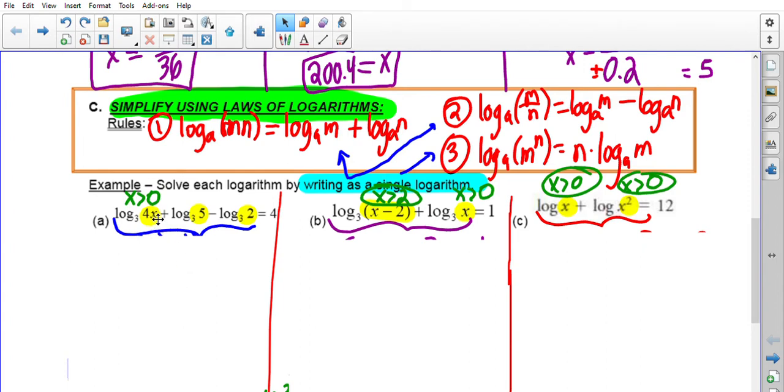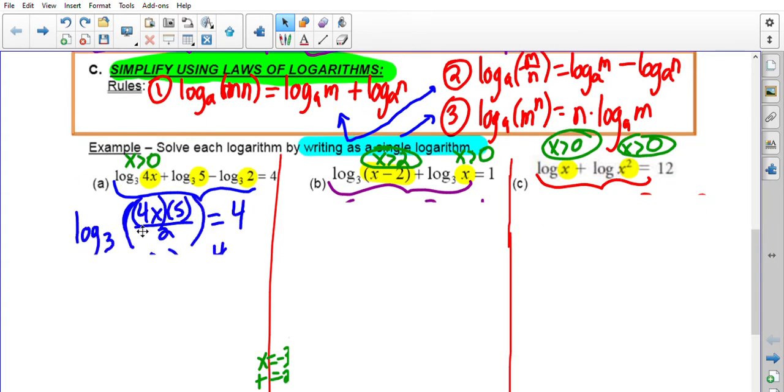I do notice that x is in the argument here, so I know that 4x must be greater than 0, therefore x must be greater than 0. Because these two are being added, I can take their arguments and multiply them. Then since I'm subtracting log of 2, I can take their product and divide it by 2 according to these two rules.